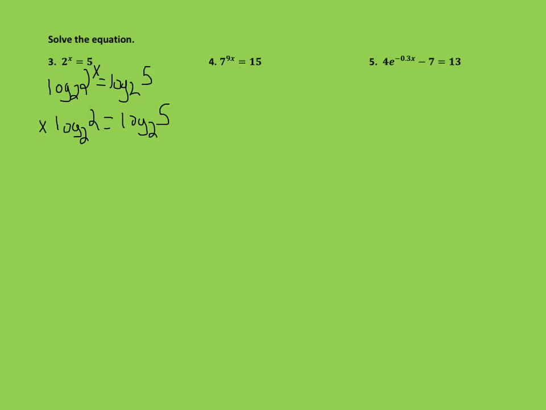Well, log base 2 of 2 is 1, so I get x equals log base 2 of 5. And then remember, now we can say x equals log of 5 divided by the log of 2. Okay?